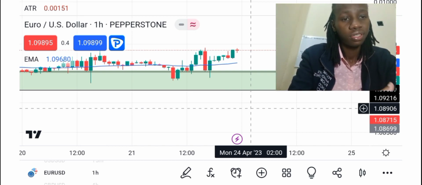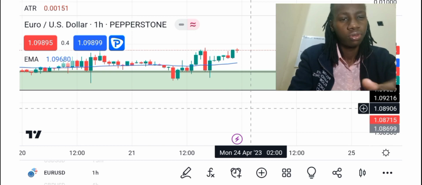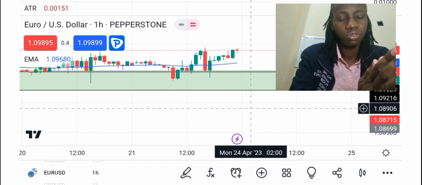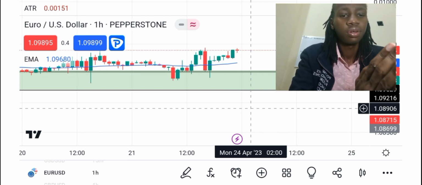For intermediate and pro traders, that is your own choice. You know how to handle your own trades. It will be on your own choice, whichever ATR you use, whichever volatility of the market you want to use. But for a beginner, trade currency pairs that have an ATR of 20 and below in the 1 hour time frame.